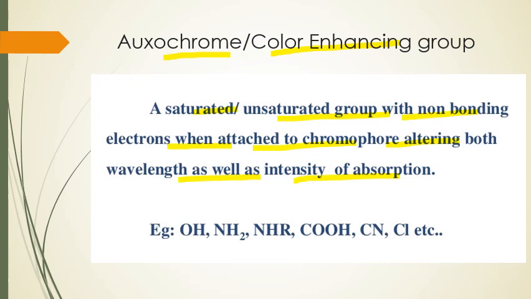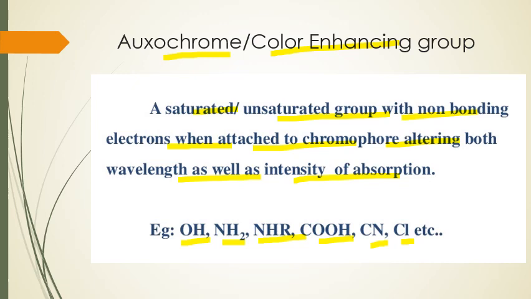For example, we have certain groups: OH group, NH2, which have a lone pair of electrons, and we have the acidic group, cyanide, chloride. So these are the groups which, when attached to the chromophore, cause the shifting of the wavelength which is absorbed, and the intensity also increases. That's why it is called the color enhancing group.